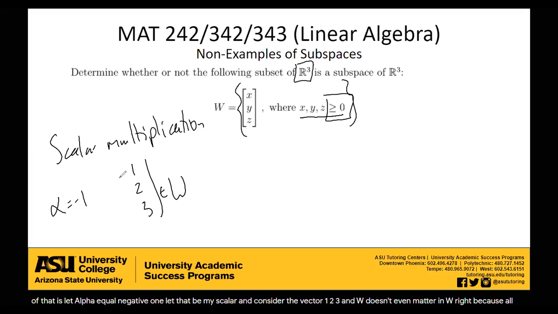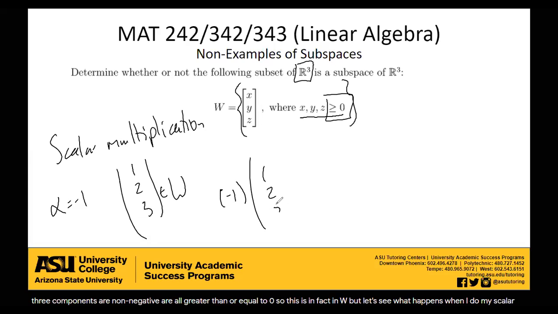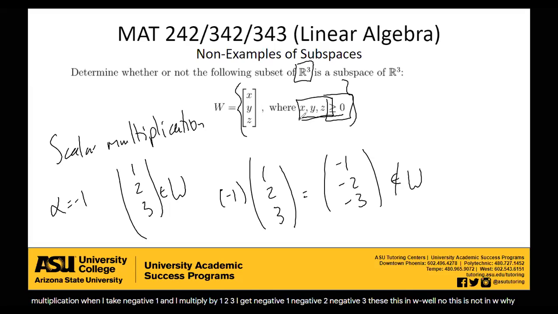But let's see what happens when I do my scalar multiplication, when I take -1 and I multiply by (1, 2, 3). I get (-1, -2, -3). Is this in W? Well, no, this is not in W. Why? Because in order to be in W, all three elements have to be greater than or equal to 0. And in fact, in this case, none of the elements are greater than or equal to 0.